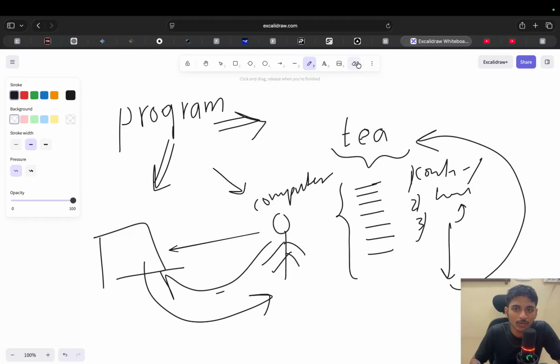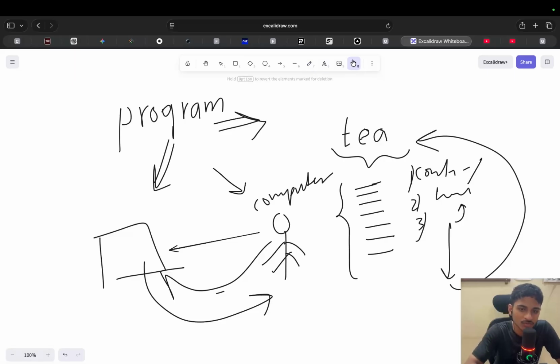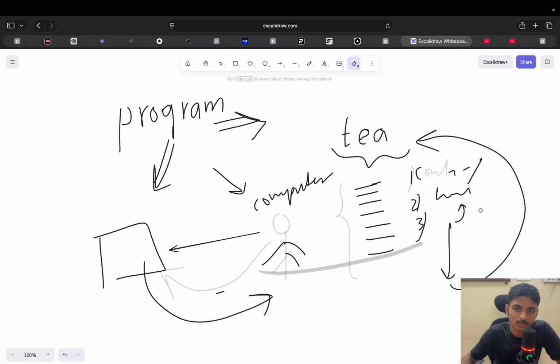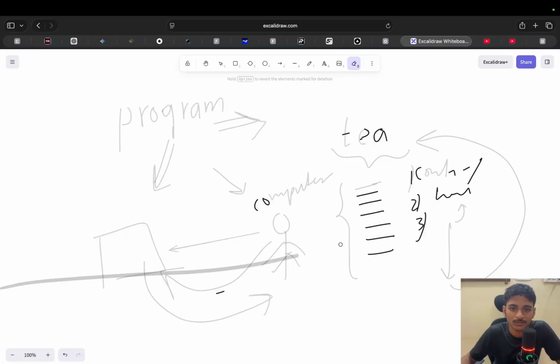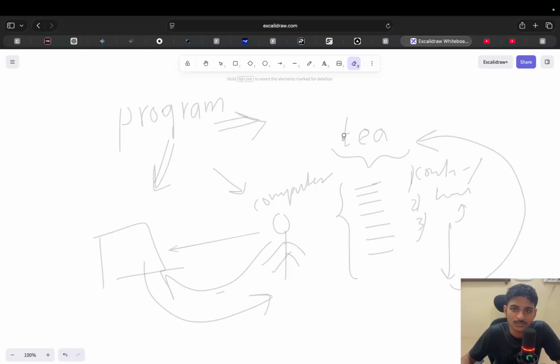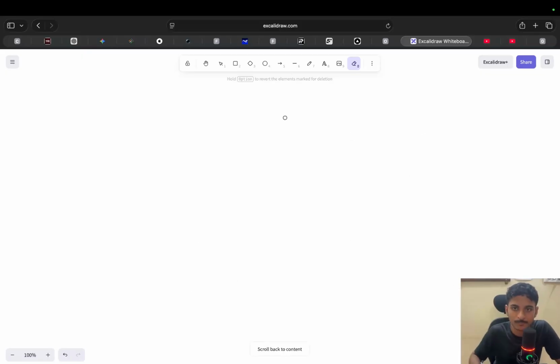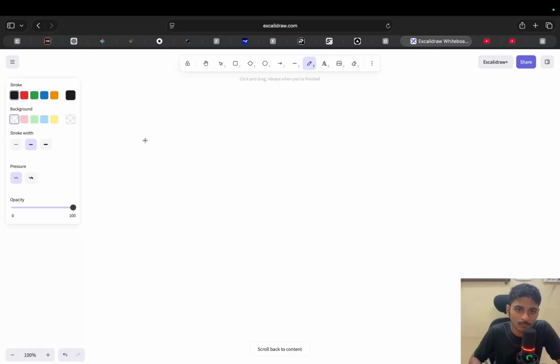And a program is nothing but a set of instructions written by humans to instruct our computer. So a program is nothing but a set of instructions.